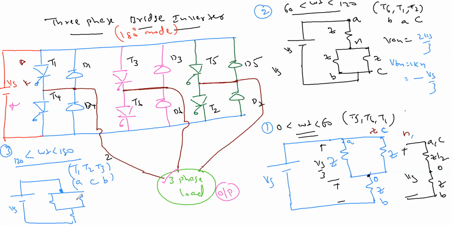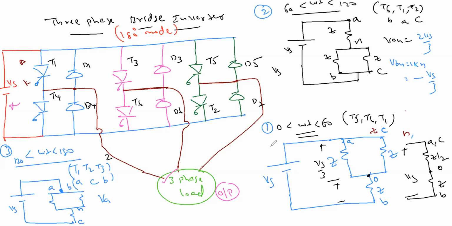Both are parallel. 1 and 3 are parallel. So कौन सा phase वाला है? क्या लिखना है इधर? 1 and 3 parallel है. कौन सा phase है? A and A क्या है? B, sir. B, excellent. A and B neutral. This is C.